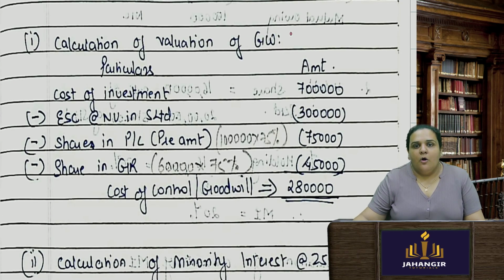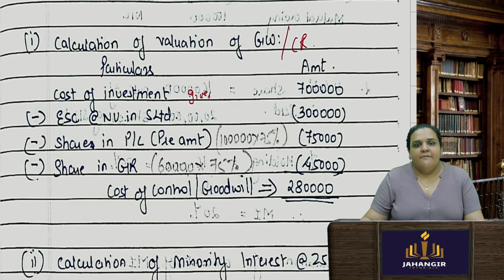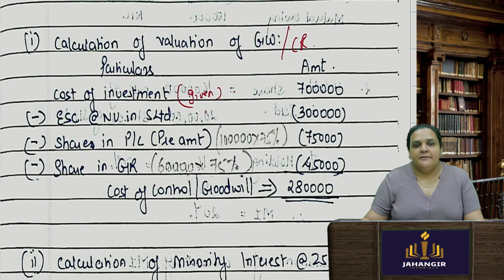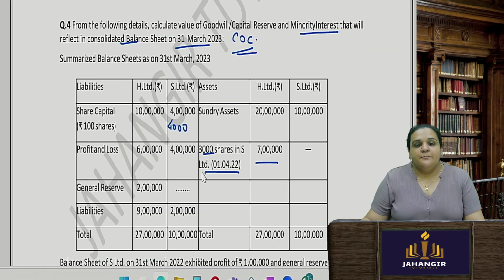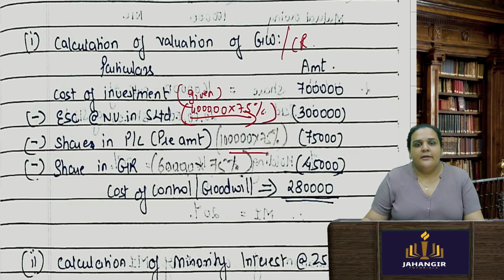Calculation of goodwill or capital reserve, whatever. Cost of control. Cost of investment is given 7 lakhs. I have to treat the shareholder items which are pre. Okay, so equity share capital always pre, 4 lakhs into 75%, 3 lakh rupees. P&L which is pre, that profit 1 lakh, 1 lakh into 75%.